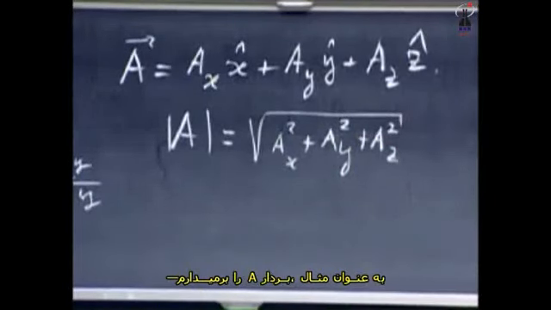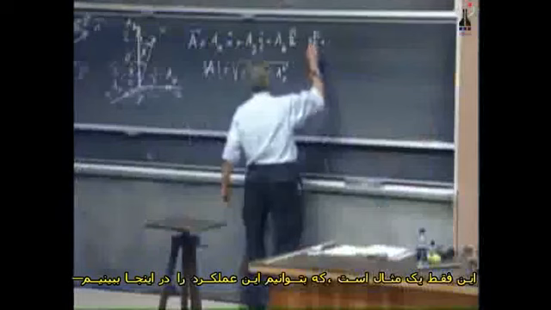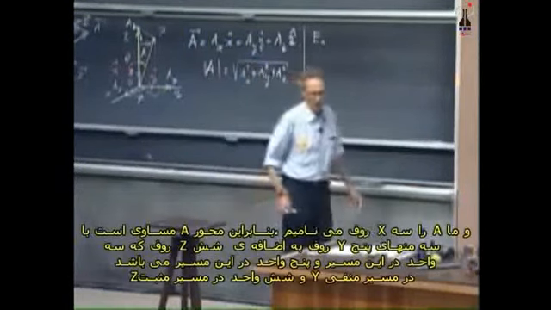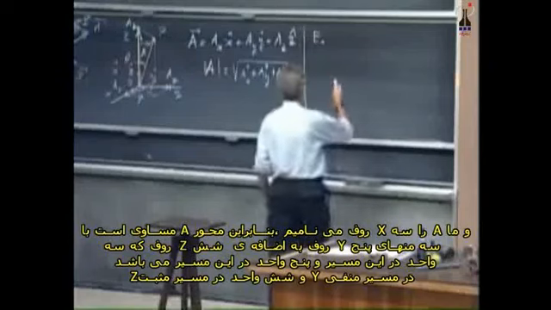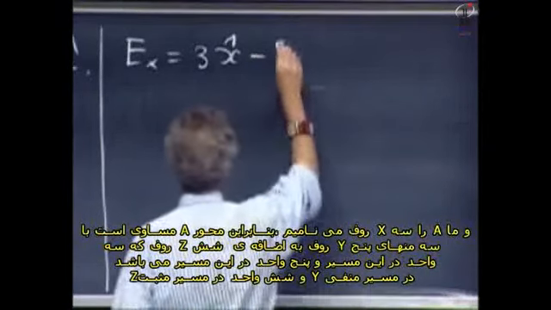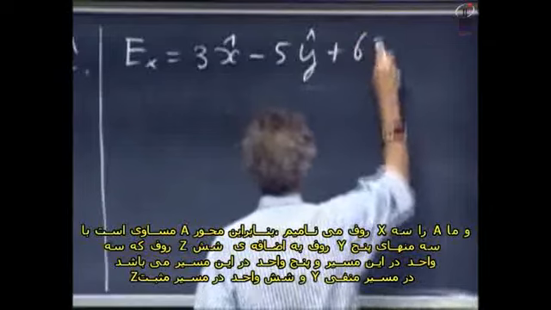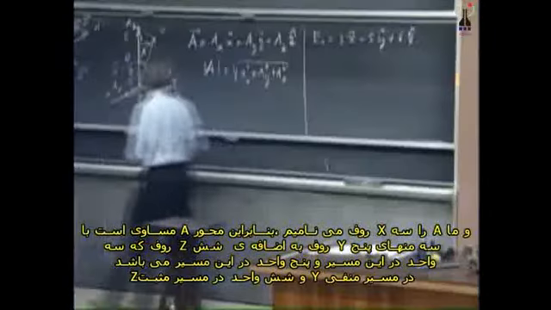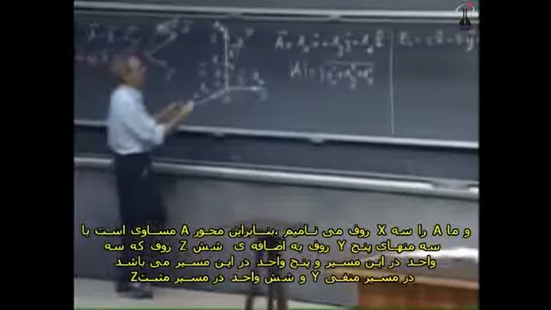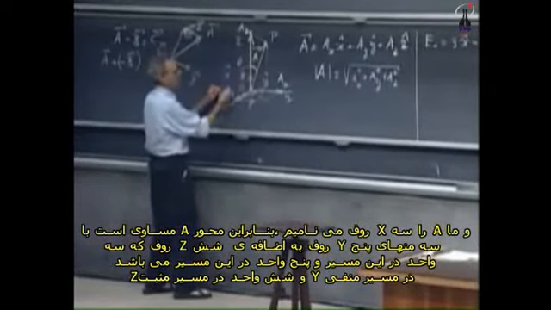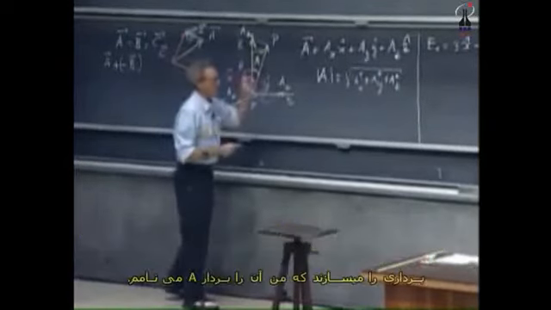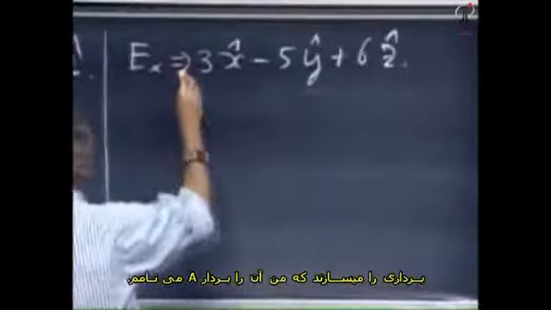For instance, I take a vector A, and we call A 3x roof minus 5y roof plus 6z roof. So that means that it's 3 units in this direction. It is 5 units in this direction, in the minus y direction, and 6 in the plus z direction. That makes up a vector, and I call that vector A.